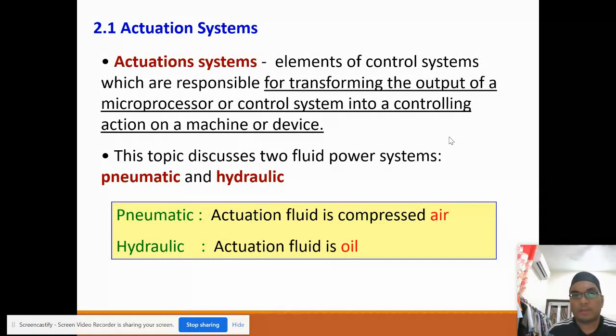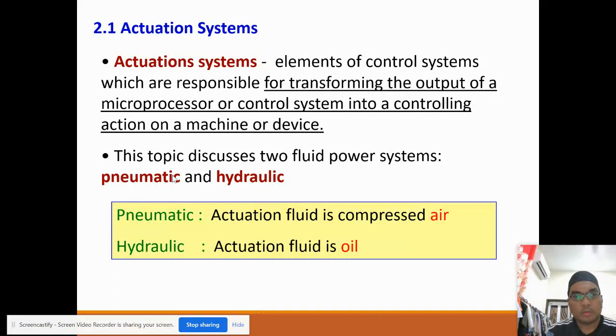For example, we have a displacement of 5 cm, and your controller feeds back that we need to counter this vibration by minus 5 cm. The minus 5 cm produced by the microcontroller signals is sent to the actuator system, so that it can be transformed into a practical movement instead of just a control signal in voltage.